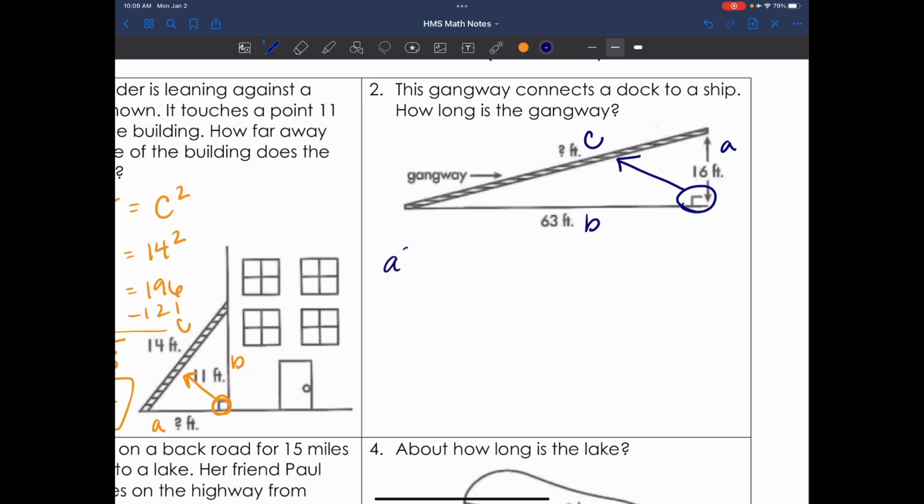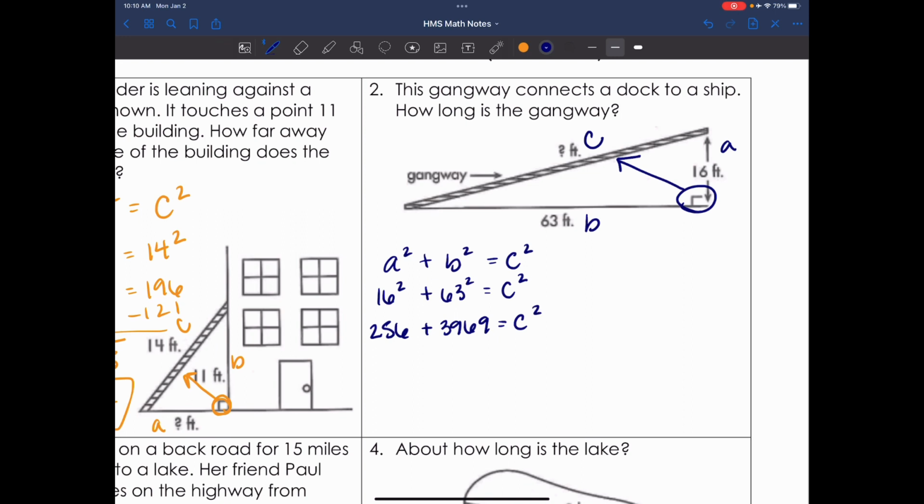And now putting it all together into our formula. A squared plus B squared equals C squared. Since I am looking for the hypotenuse, I know I'm going to add and then find the square root. So A squared is 16 squared, B squared is 63 squared, and C squared is C squared, because I don't know what C is. 16 squared is 256. 63 squared is a big number, 3,969.